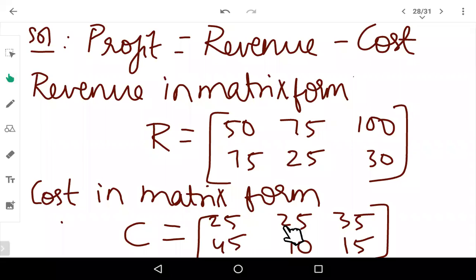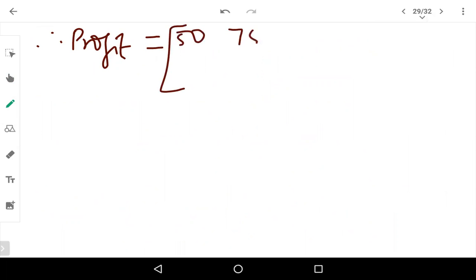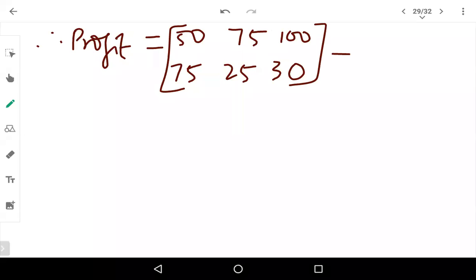So therefore, profit is equal to revenue matrix, that is 50, 75, 100, 75, 25, 30 minus the cost matrix 25, 25, 35, 45, 10 and 15.